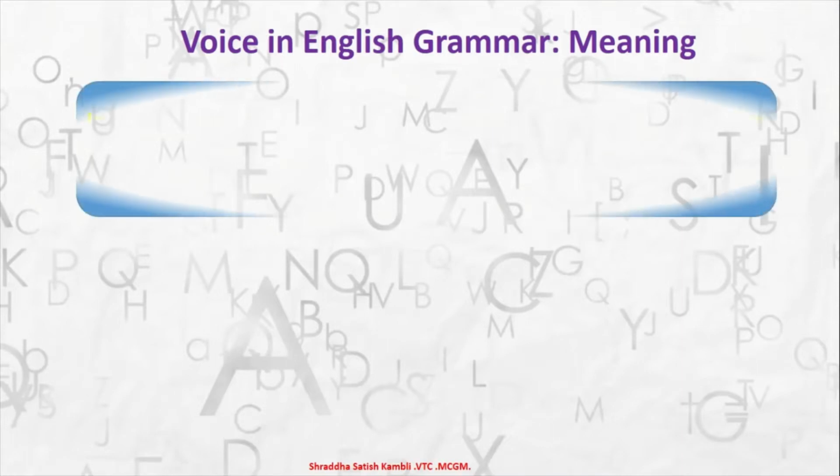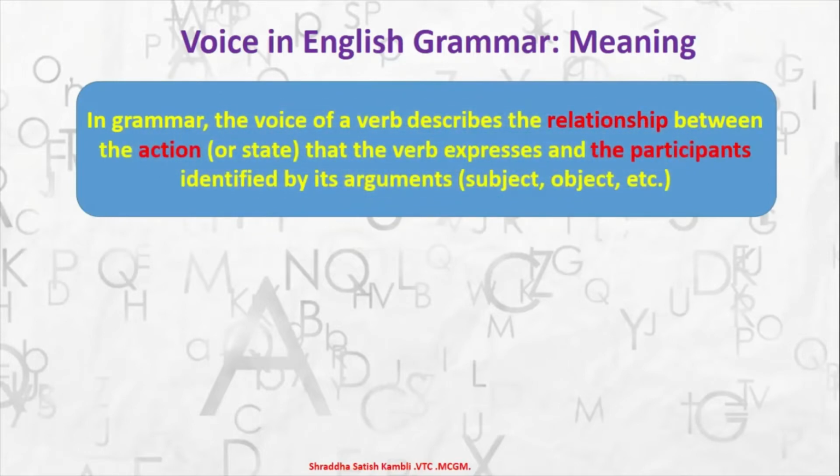So let's start by understanding that in grammar, the voice of a verb describes the relationship between the action or the state. You know, the verbs are action verbs as well as state verbs.